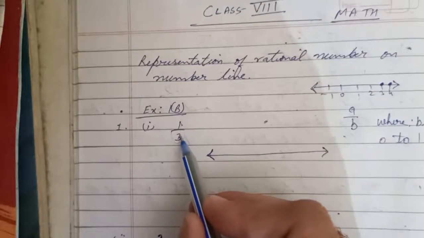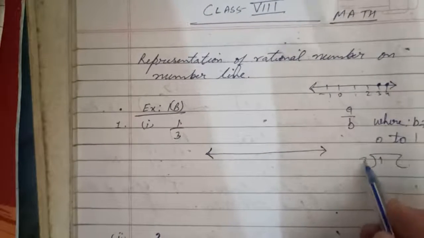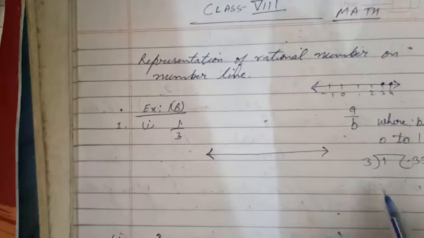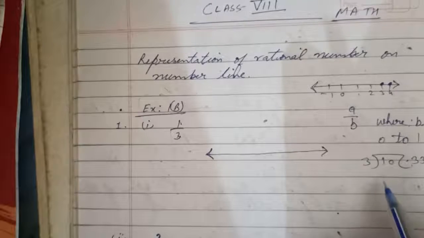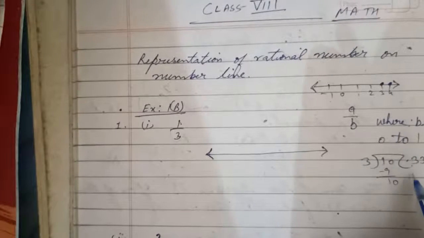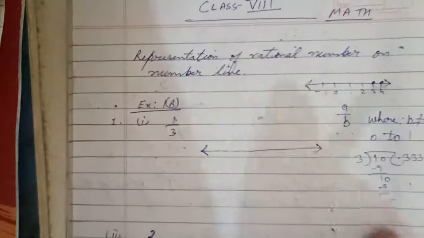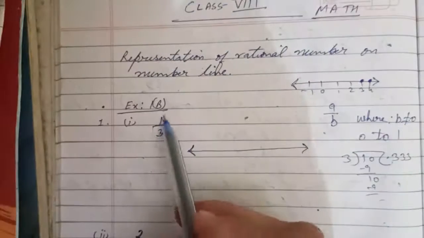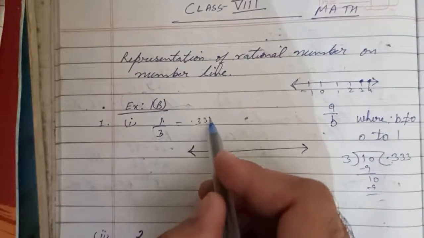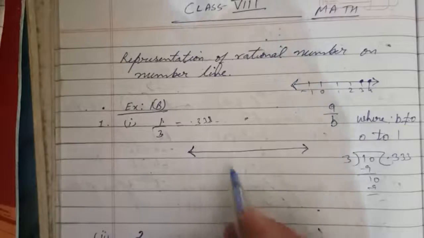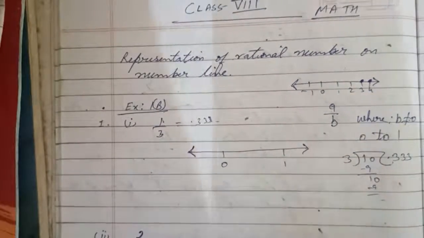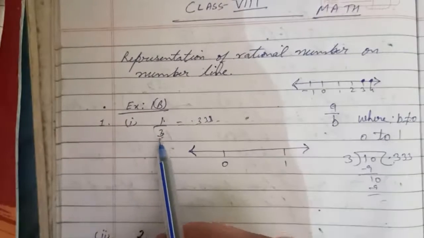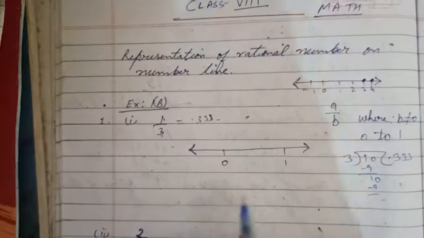If we divide 1 by 3, you will get 0.333 and so on. So its value will lie somewhere between 0 and 1. This is sure: it is a rational number and its value lies between 0 and 1.